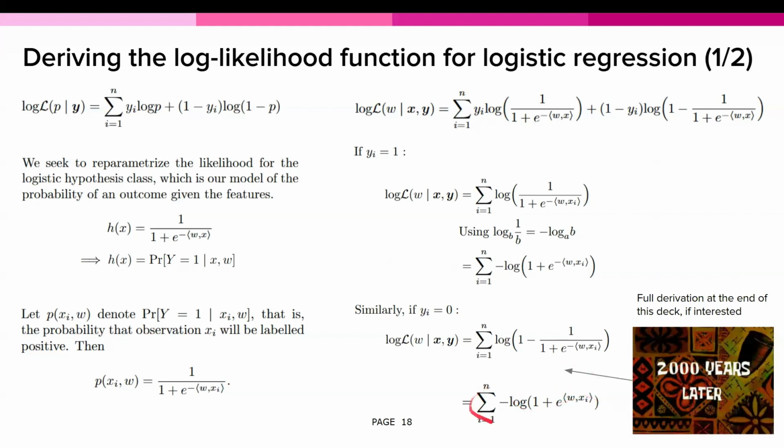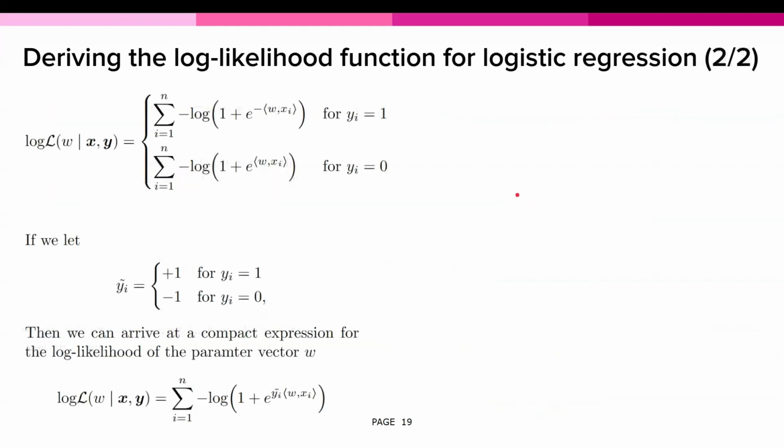And so this final expression here results from applying a whole bunch of logarithmic and algebraic manipulations, and I've included the full details at the end if you'd like to explore them further. But you can note a kind of mirroring between the case where yi is 1 and the case where yi is 0, specifically in the sign of the exponent on Euler's number.